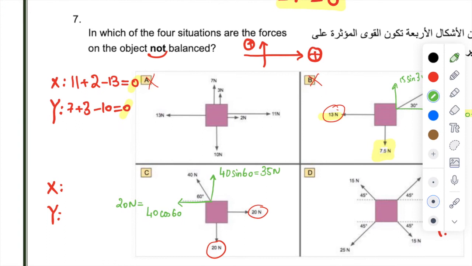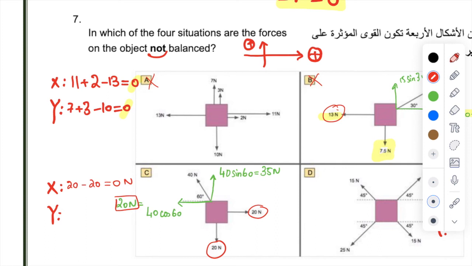So it's clear that on the x-axis I have to the right positive 20, and to the left a negative 20, giving me a 0 net.